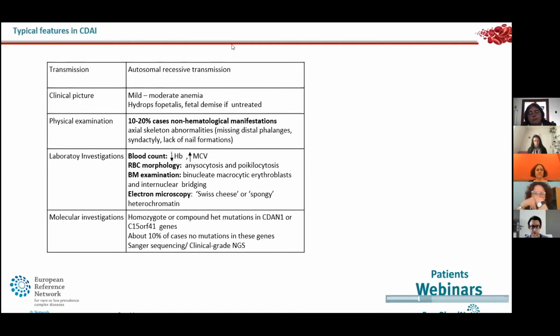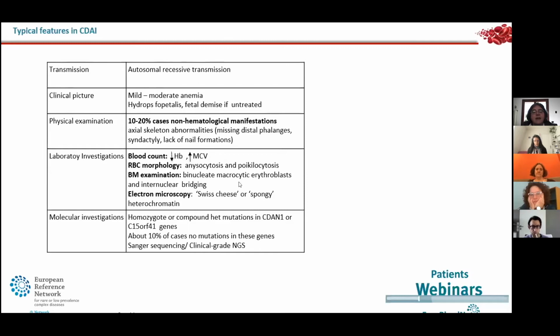So often we don't have information in the family because the parents are usually healthy carriers. Then we look at the clinical picture in CDA, but we'll see that later. We will also have other non-hematological manifestations that can suggest the presence of CDA.